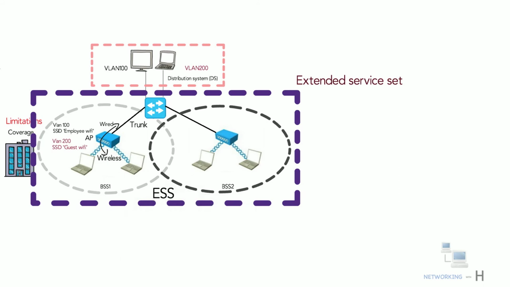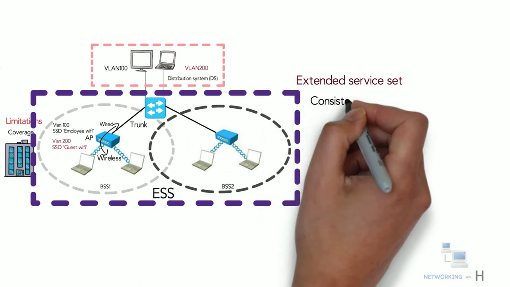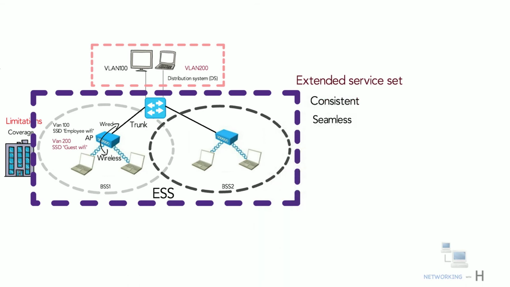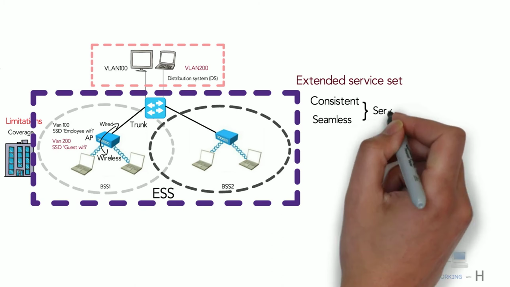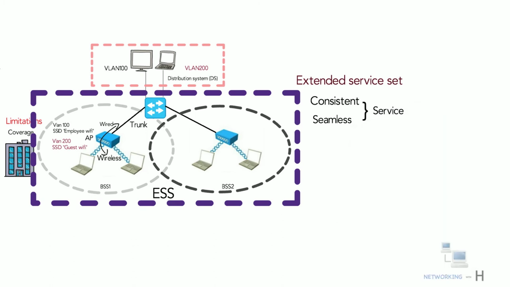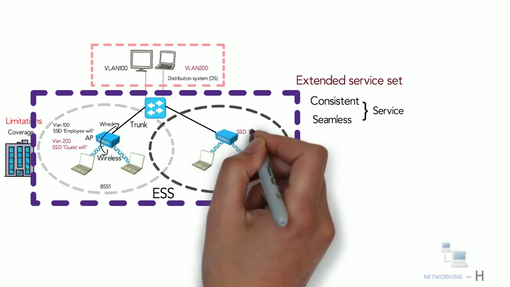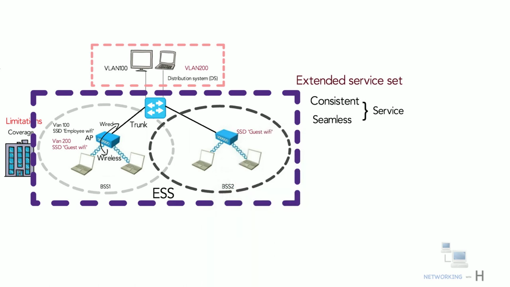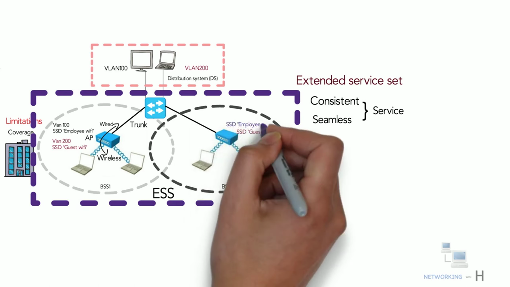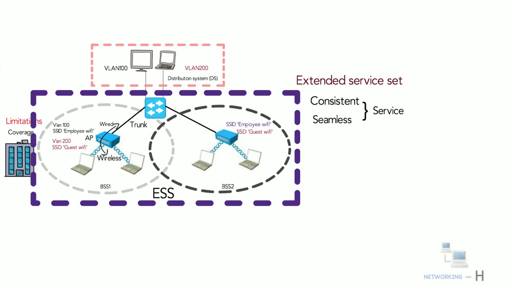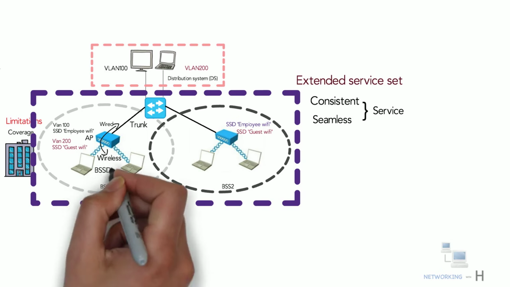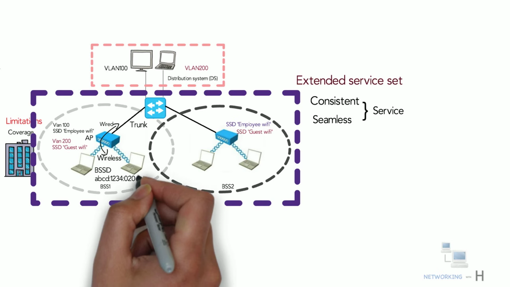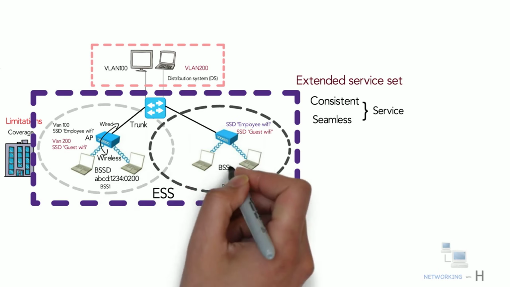The whole idea is to allow the client to have a consistent and seamless wireless service by making multiple APs cooperate. The main point we need to consider here is, in an ESS, the SSID should be defined in all the access points. Regarding the BSS ID, each cell will have a unique BSS ID, but both cells share one common SSID.